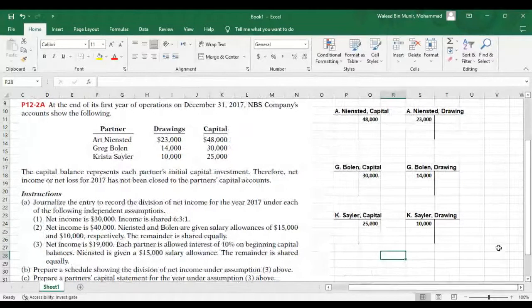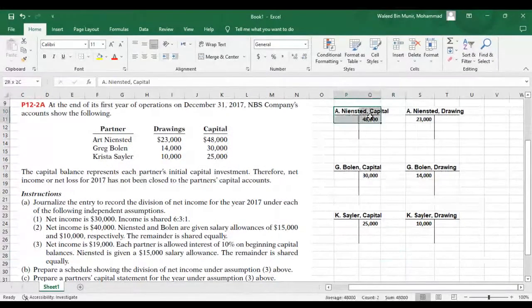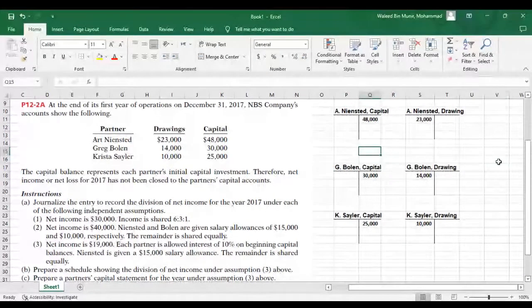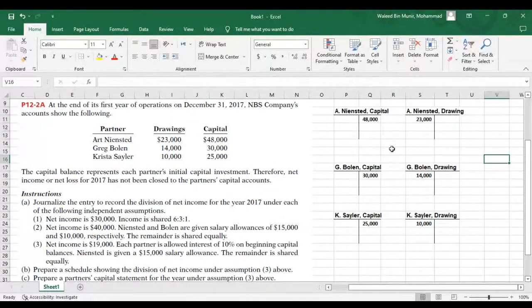So this is the given information. Remember, capital is one account; in accounting we call it a T account. The capital balance represents their initial investment, meaning when these partners started this business, this was their capital: first one 48,000, second 30,000, then 25,000. Then there is a drawing account.